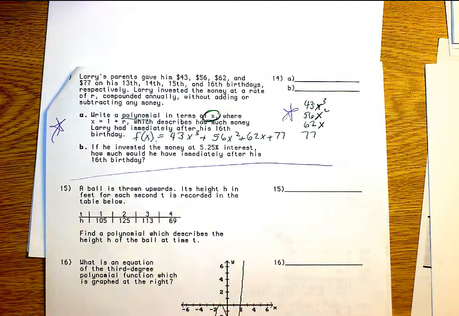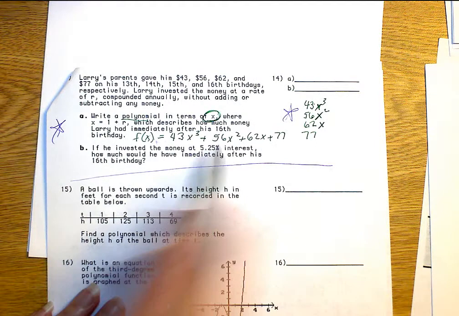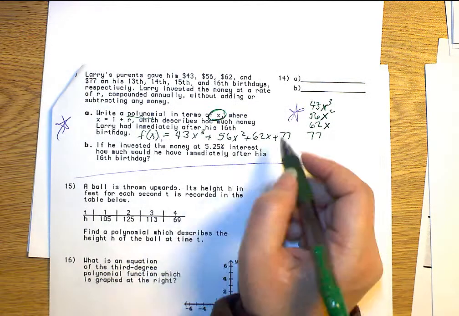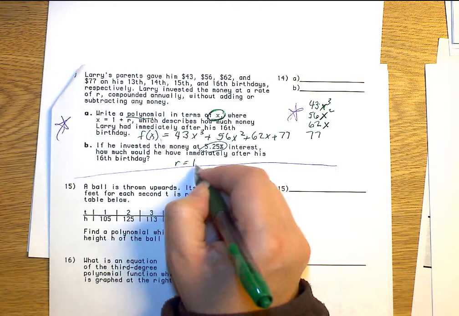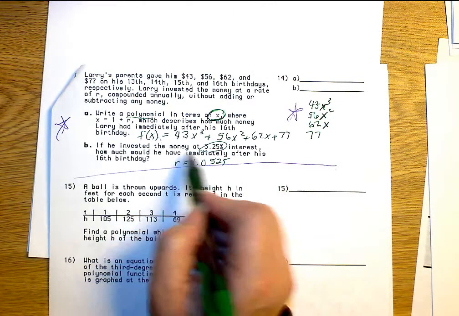Then it says now he is going to get 5.25 interest. How much will he have on his birthday? So you're literally just putting in, for your rate, 1.0525. And then you put it in for your x.